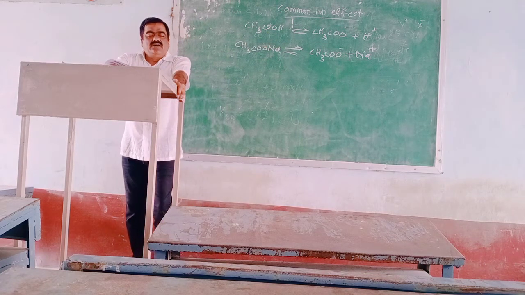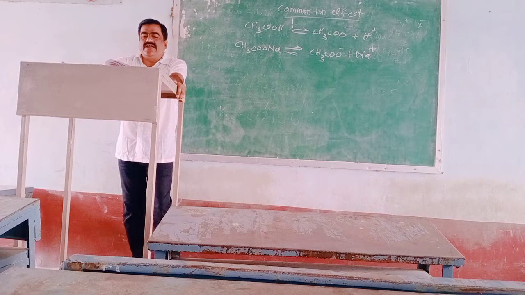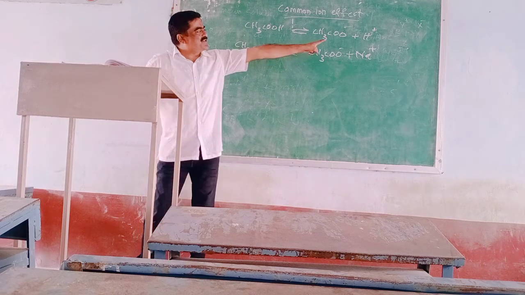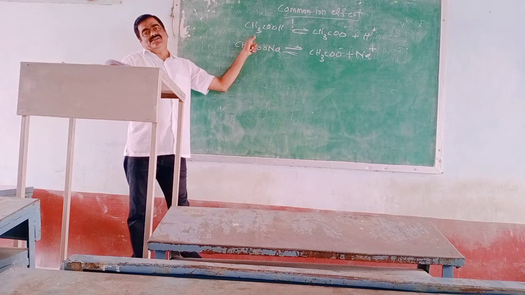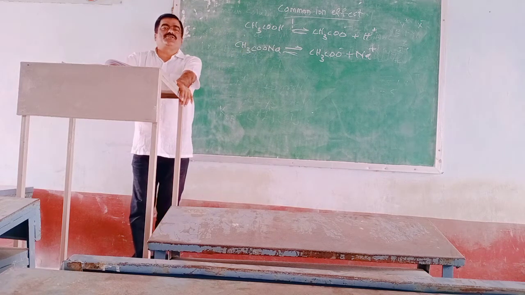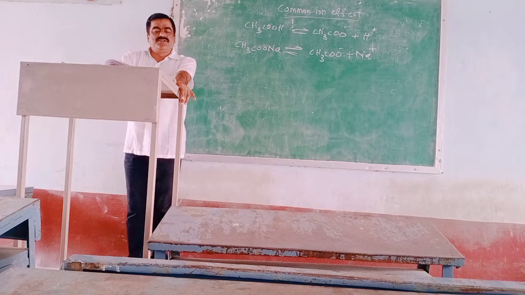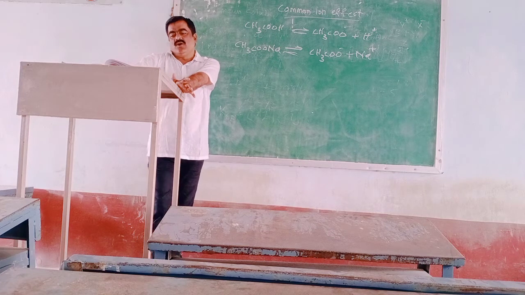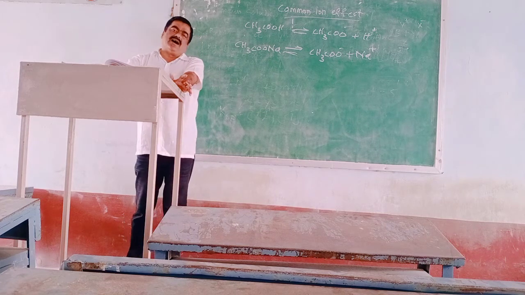Therefore the reverse reaction is favored, in which the CH3COO- ion combines with H+ ions and forms CH3COOH. Hence, the dissociation of CH3COOH is suppressed due to the presence of CH3COONa containing the common ion.